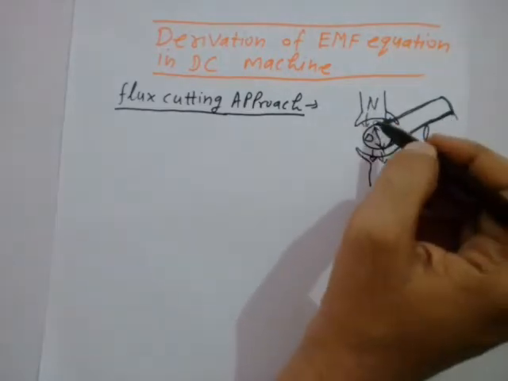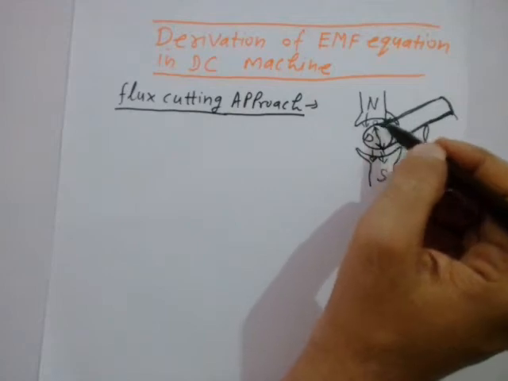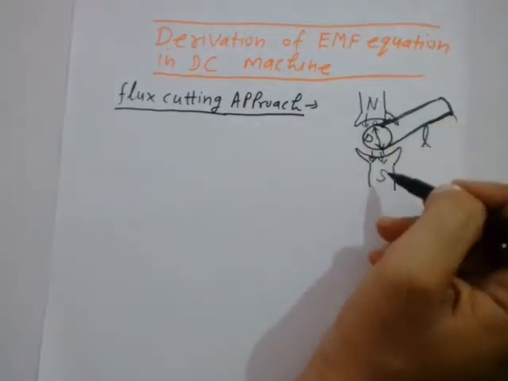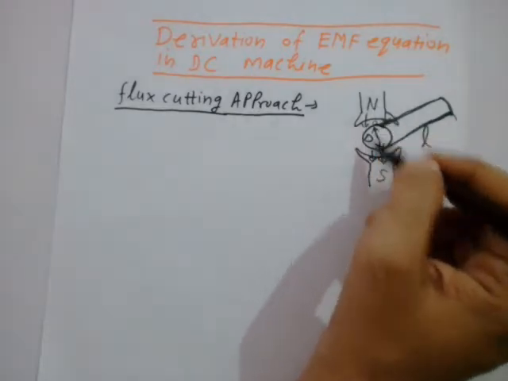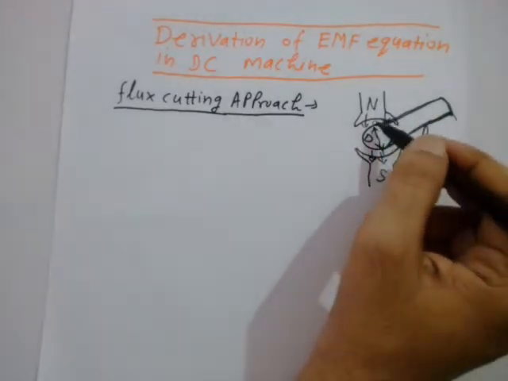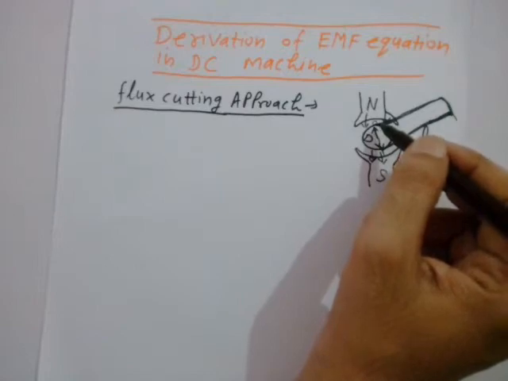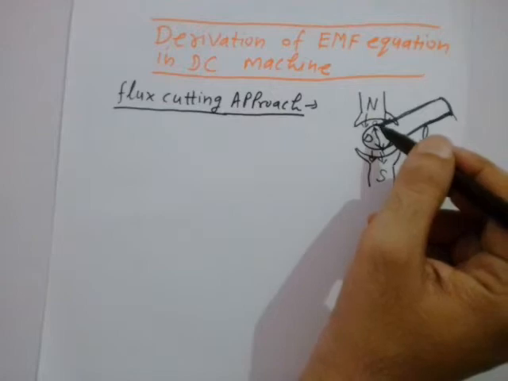So that means this rotor conductor will experience a change in flux because it is cutting the field lines, right? The conductor is rotating and the field is stationary, so definitely the change in flux will be observed by this rotor conductor. And that's why, according to Faraday's law, the EMF will be induced in this rotor conductor.